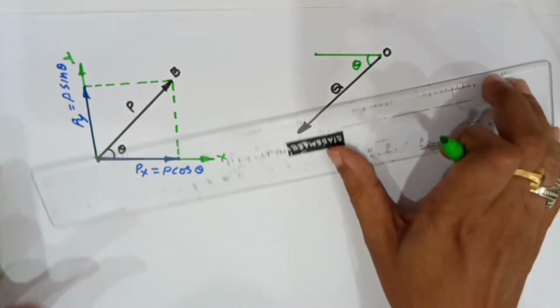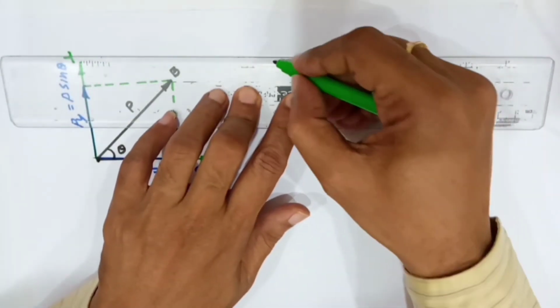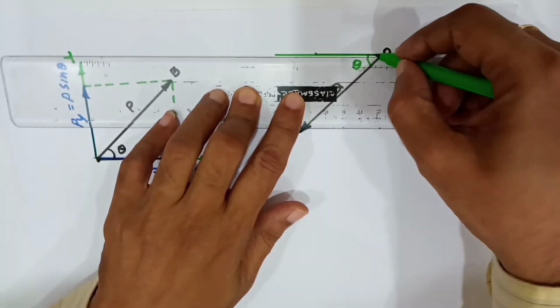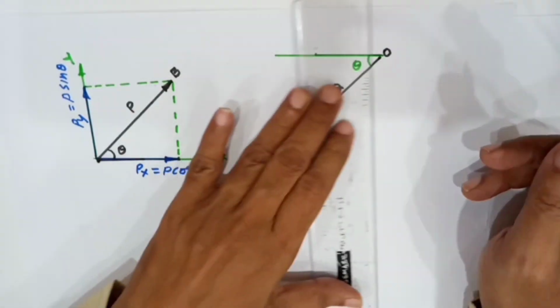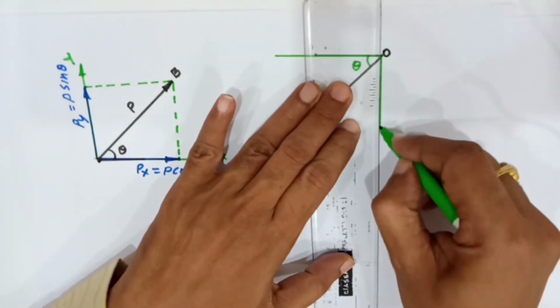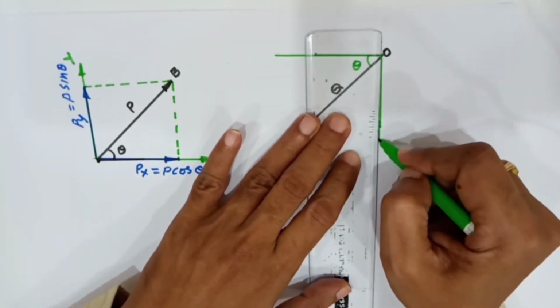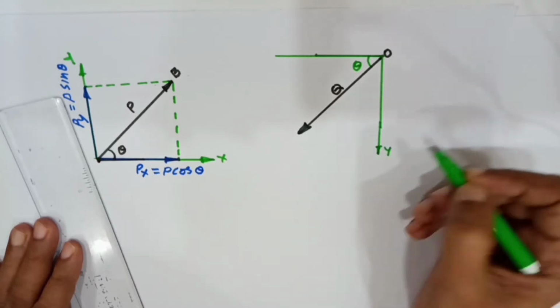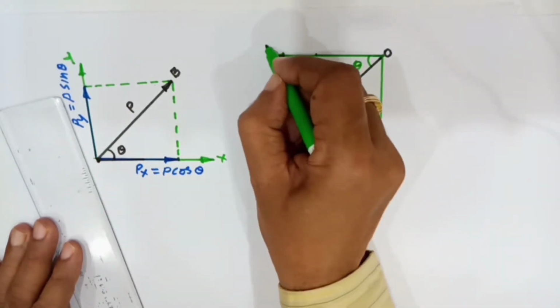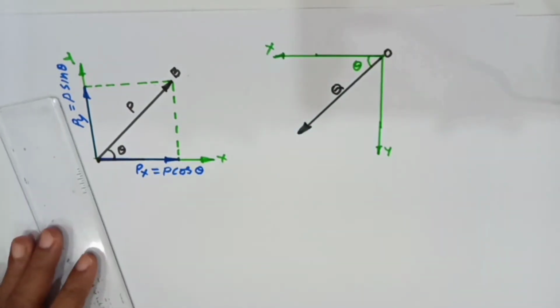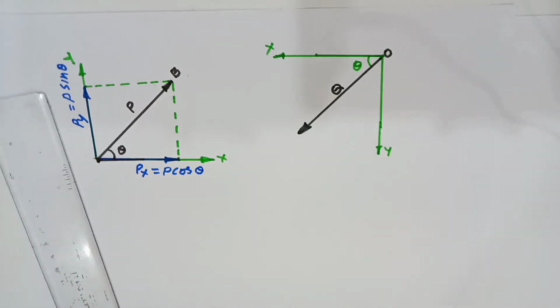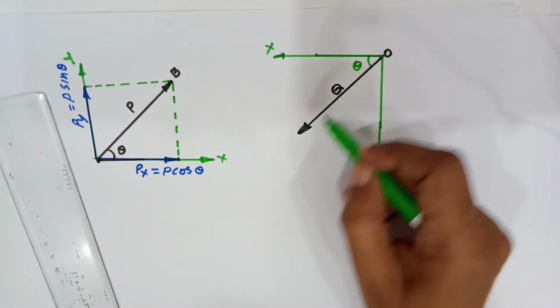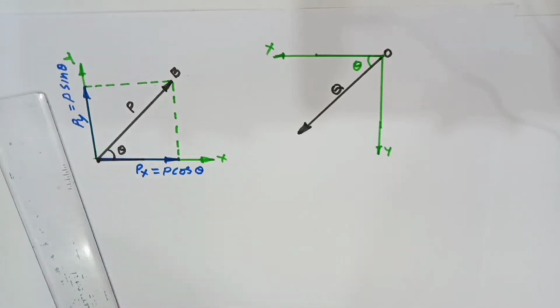As a first step, draw two axes, that is x as well as y. Those two are mutually perpendicular. Say this is y and this is x. Then, as this force is inward towards the body, the component forces are also inwards towards the body.